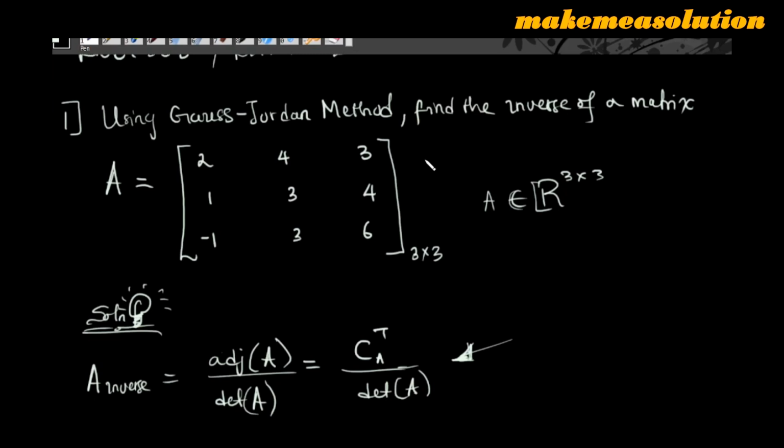Gauss-Jordan elimination is very important. It helps us to solve systems of equations, and it also helps us to compute the inverse of a particular matrix. The process is easy. All you need is to be familiar with Gauss-Jordan elimination and your elementary row operations.